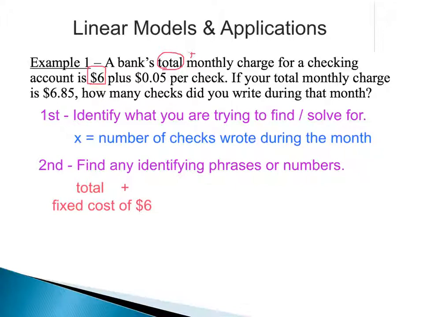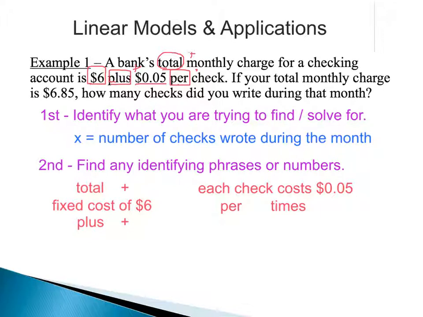That word plus, again, reinforces the total that we had before. The 5 cents per check, again, 5 cents is definitely going to be important. Per means multiplication. And again, if you're not sure, check out that chart that we have posted in the course. And then the number of checks. So per check, or check is what we're trying to find, the number of checks that we have. So that would just end up being our X.